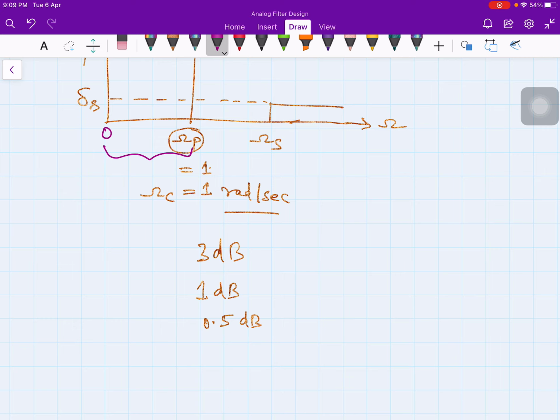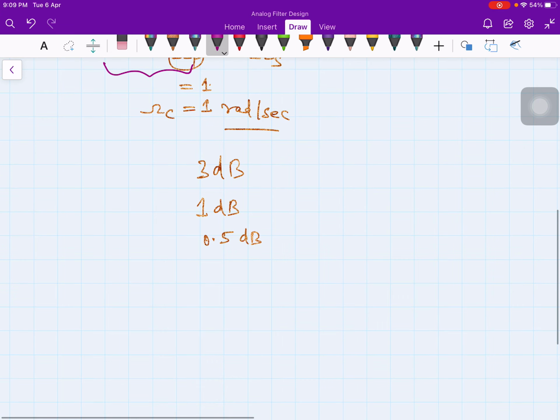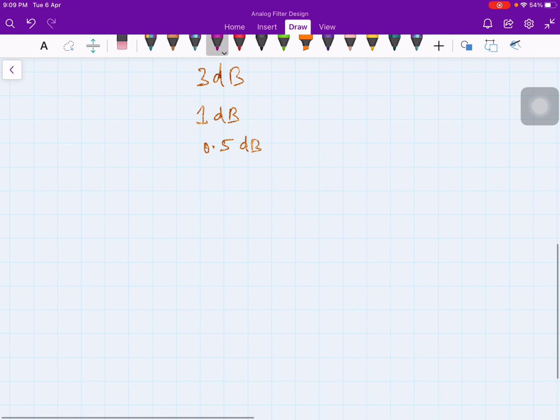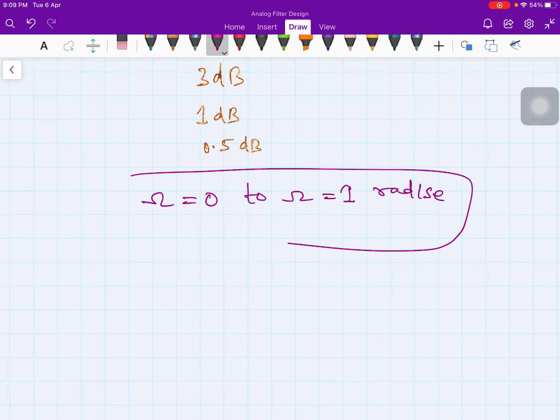This point is 0 and this point is 1. So therefore our omega is equal to 0 to omega equal to 1 radian per second. We want to transform this normalized filter into other kinds of filter. Let me call in short form OKF, other kinds of filter.